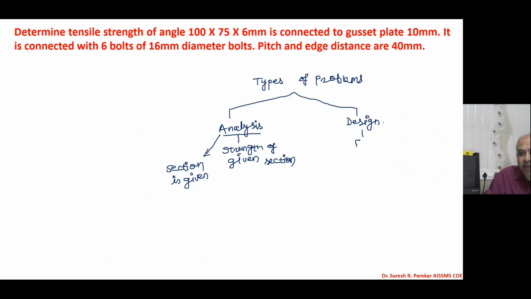We are given a factored load, and then we have to design the member. So in design, we have to determine the cross section also. And after determining the cross section, we have to go for analysis.